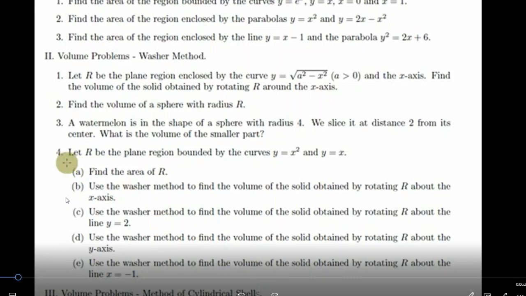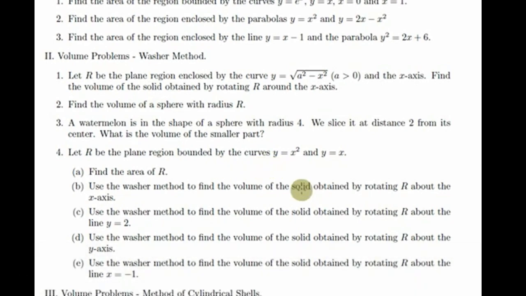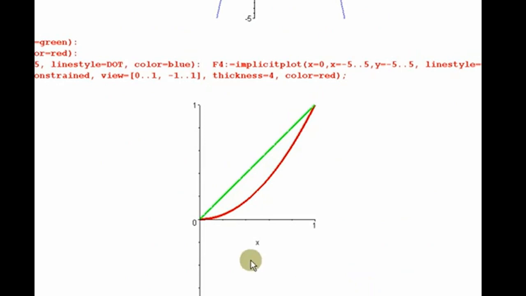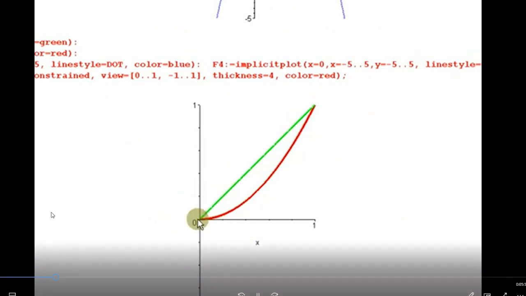First of all, R is the plane region bounded or enclosed by two curves. One curve is the parabola with the equation y equals x squared. And the second curve is actually a line. We are so familiar with the shape of the two curves. So the Maple sketch of the plane region is here. It is the plane region enclosed by the parabola and the straight line, right?